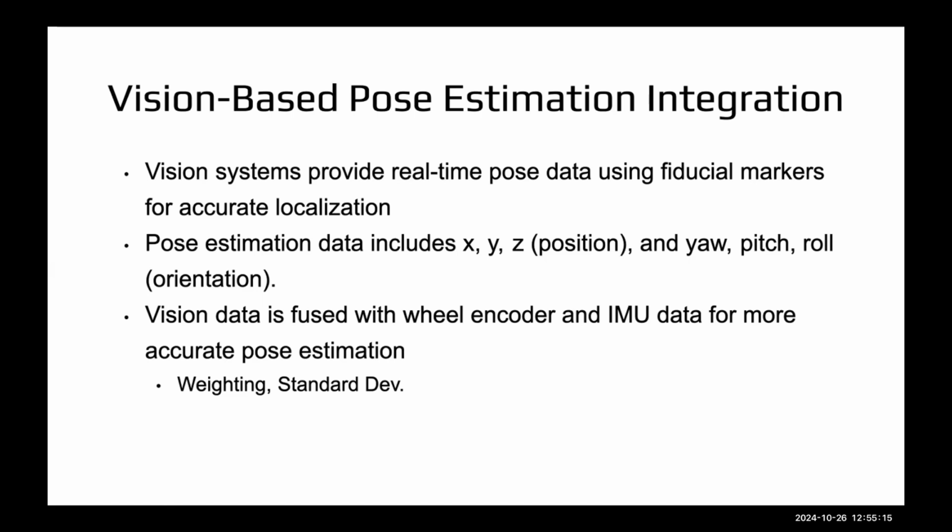We're getting the X and Y, and also the yaw of the robot relative to that April tag's position. And then that data is fused with the wheel encoder and IMU data from before for more accurate pose estimation. It does this through weighting of the 2 inputs through the use of standard deviations, which I'll talk about more later.